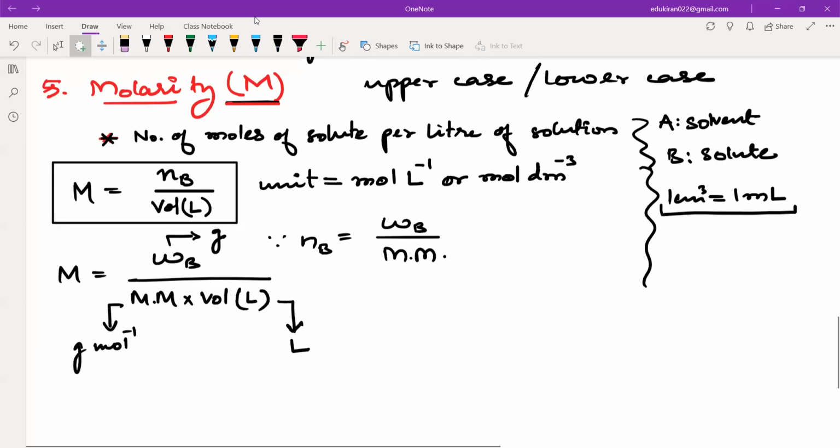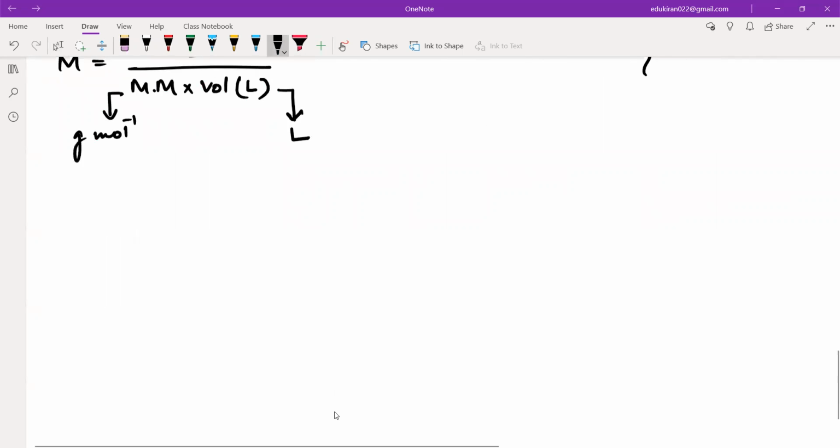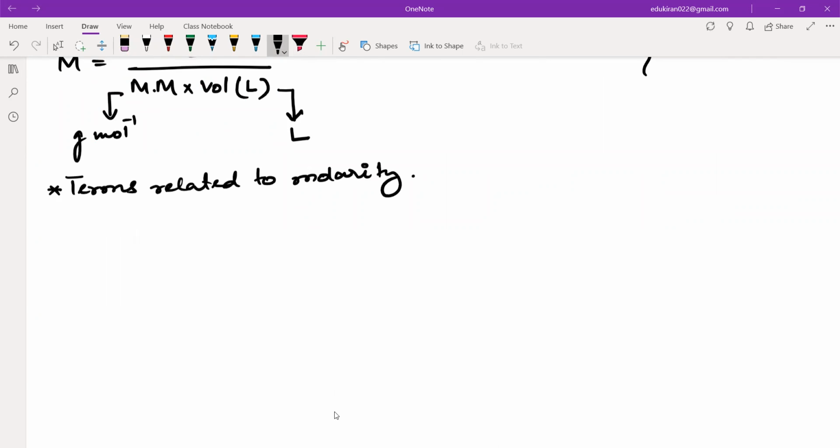Now, a few things that you need to write and you need to know. What are those very important things? Some terms related to molarity. So if we write 1 M, it means 1 molar.